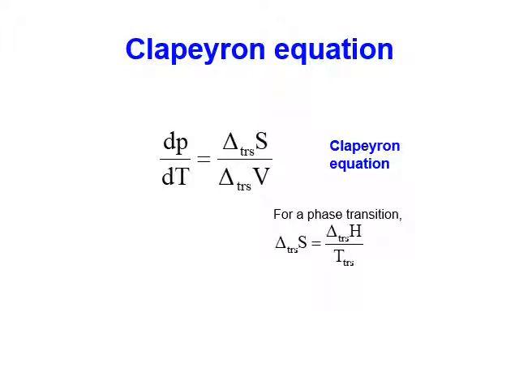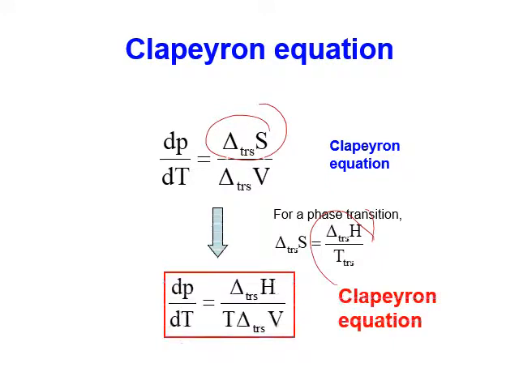So, if we replace the phase transition entropy by enthalpy divided by temperature, we have the equation to calculate the slope, which is the phase transition enthalpy divided by temperature over phase transition volume. And this equation is also called Clapeyron equation.